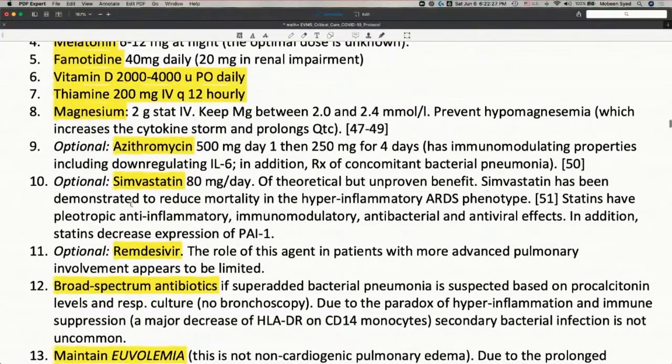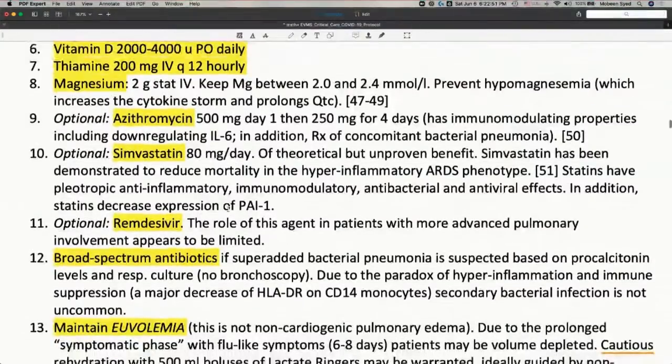Simvastatin has been demonstrated to reduce mortality in the hyperinflammatory ARDS phenotypes. Statins have pleiotropic, anti-inflammatory, immunomodulatory, antibacterial, and antiviral effect. So they feel that there is an effect of statins for inflammation and virus control. So they are saying optionally you can give statins as well.